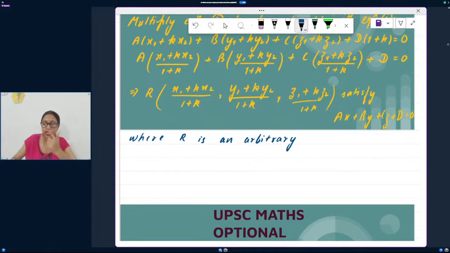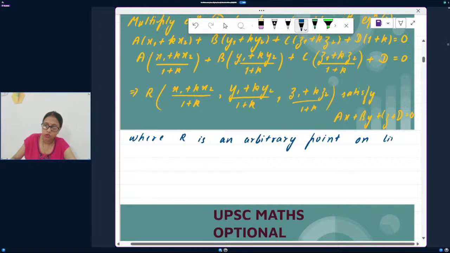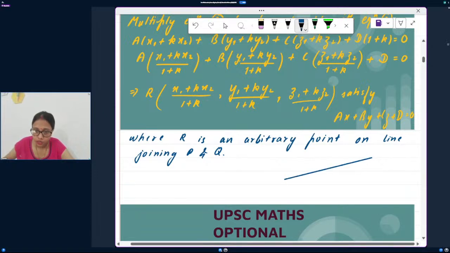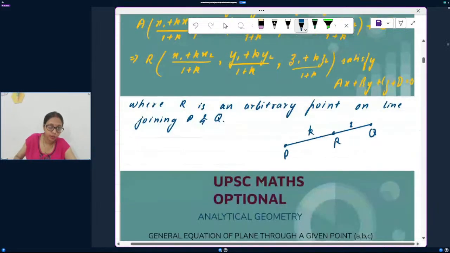So where R is any arbitrary point on the line joining P and Q. From the section formula, this is P, this is Q, this is R, this is k is to 1. That means if one point on the line joining them satisfies it, then all points on the line joining them are satisfied.